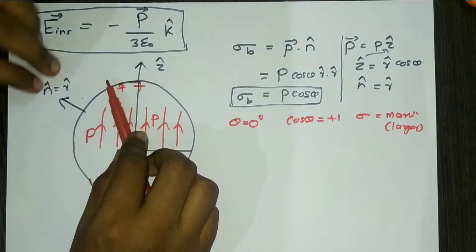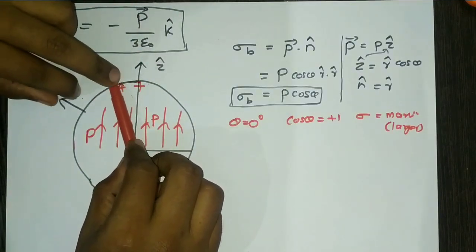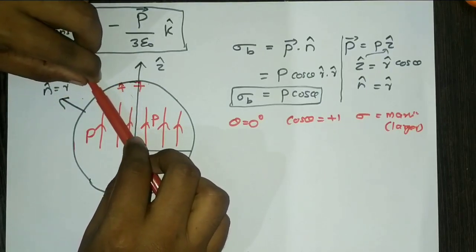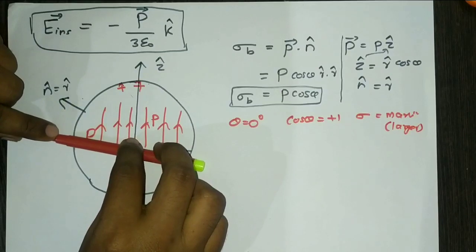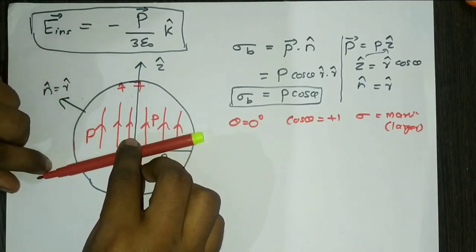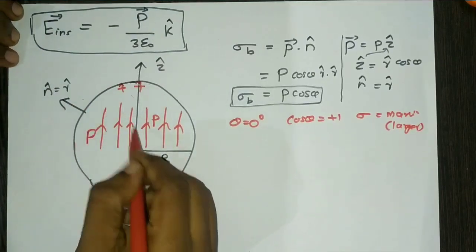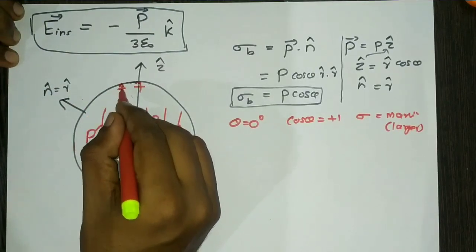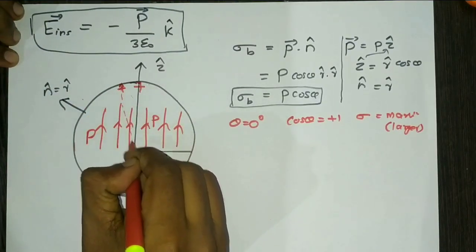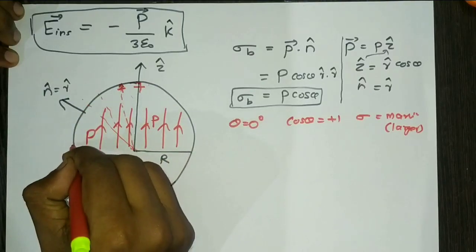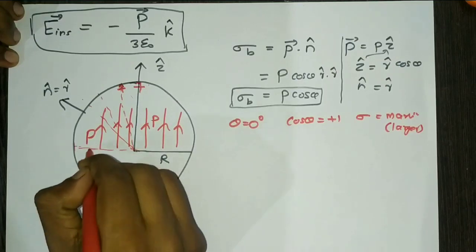Theta becomes maybe 30 degree, then 10 degree, 20 degree, 30 degree, 40 degree, 45 degree, and this is 90 degree, and it depends upon this angle theta. So for example, this is 10 degree, this is 20 degree, this is 45 degree, and this is 90 degree.